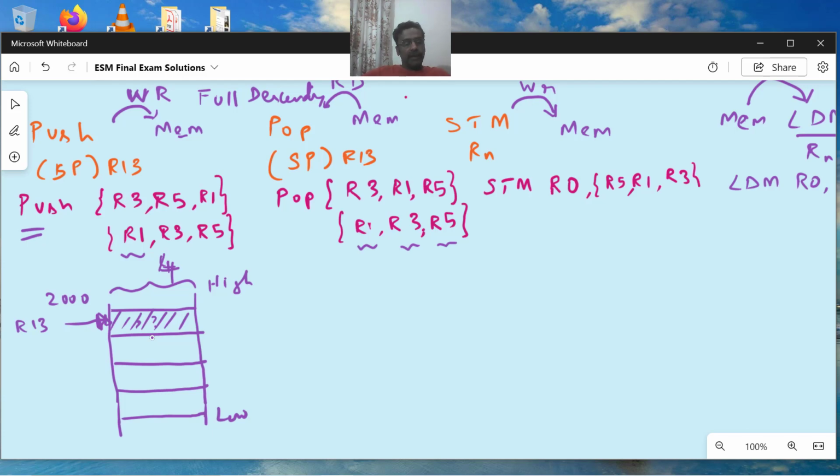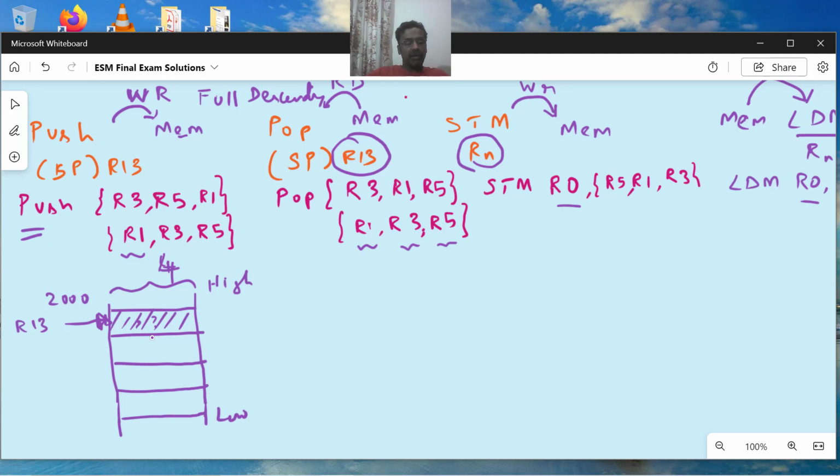Now, one more important thing I forgot to mention earlier: all these addresses that I am looking into, either in this Rn register or in the stack pointer, or R13, in all the push and pop or STM and LDM, these base registers are all filled with an address which is 4-byte aligned. That means the lower 2 bits of those addresses are zeros.